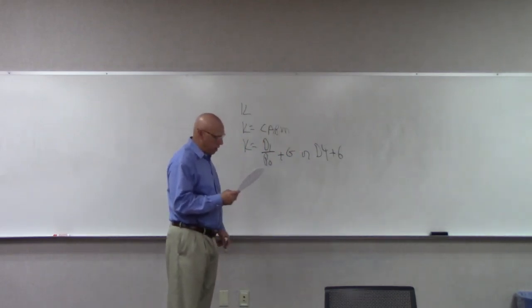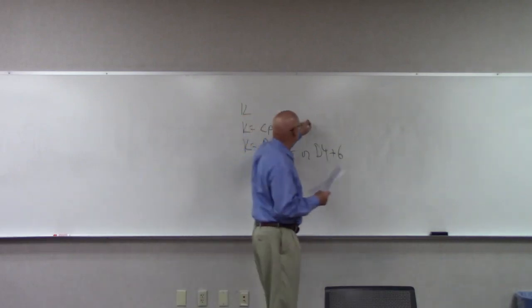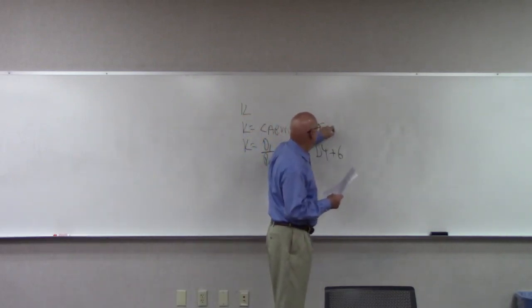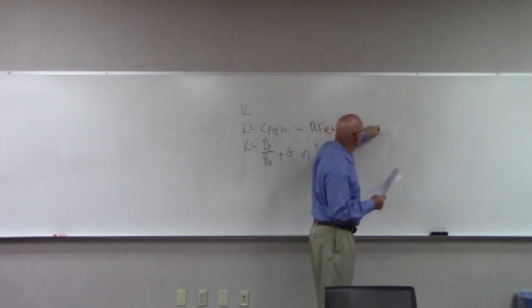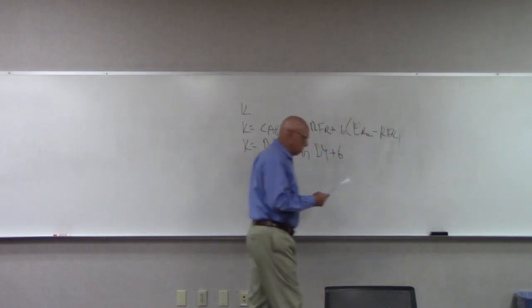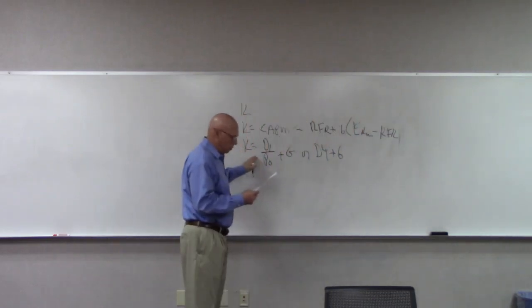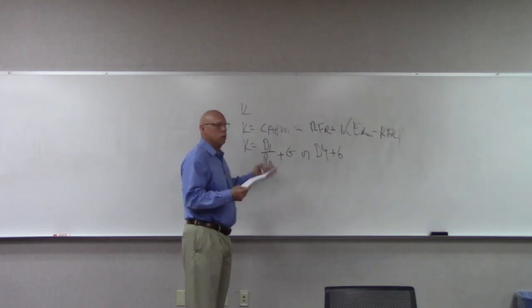All right, so what do we have here? Do we have information for a cap M? No, not in question 10. So remember, the cap M is the risk-free rate plus beta times the expected return for the market minus the risk-free rate. And we're not given any of that information, but we are given D1, $1.25, and PO. We're going to use that.